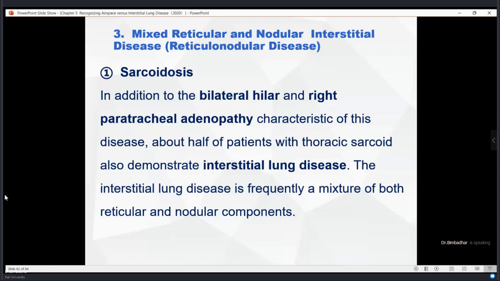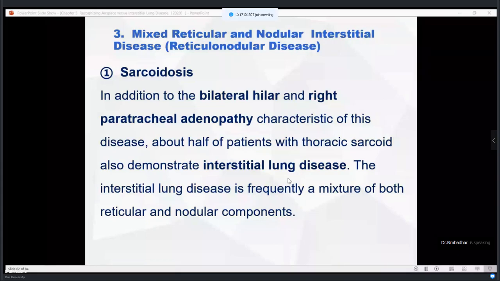The radiographic features are bilateral hilar and paratracheal lymphadenopathy, which is the most important characteristic of this disease. These patients also sometimes demonstrate interstitial lung disease patterns, like reticular fibrosis, reticulations, or pulmonary fibrosis along with honeycombing.